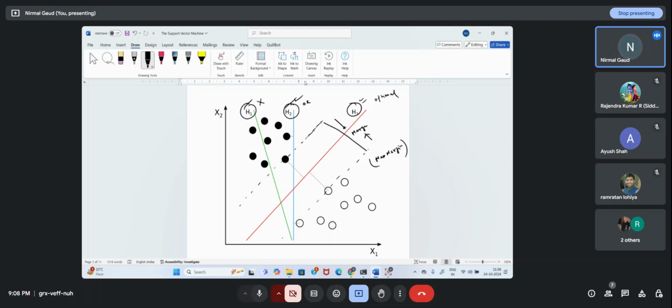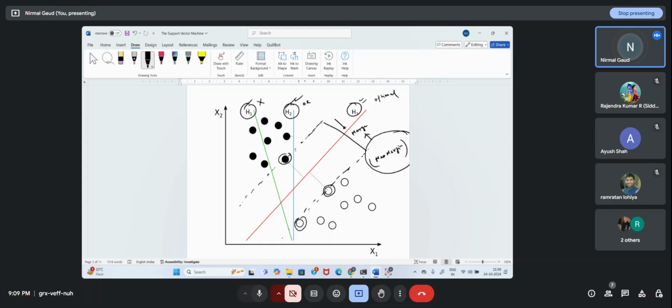So, a decision boundary or hyperplane where you are getting the maximum margin, you have to select that. And how it's decided? With the help of support vector. This is support vector, this is support vector, this is support vector. These support vectors will form class boundaries, and accordingly, my decision boundary will be made.